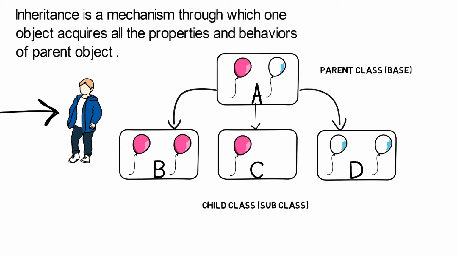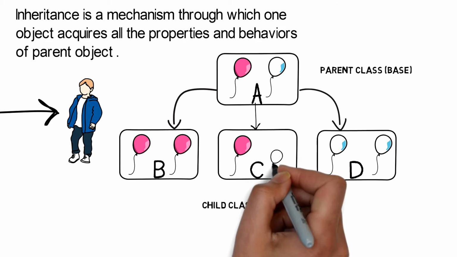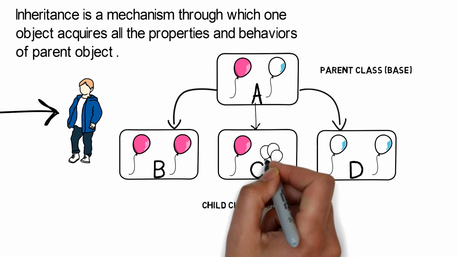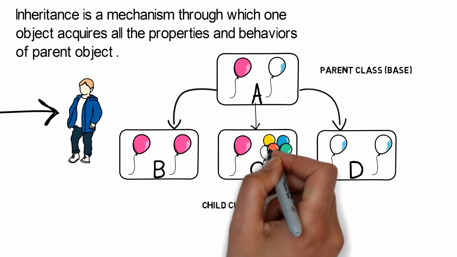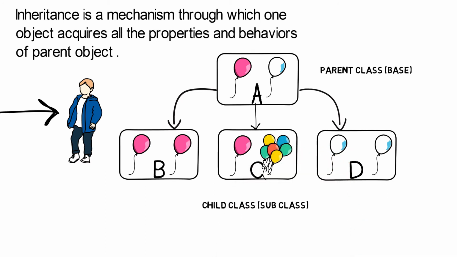One point worth noting is that whatever properties the parent class has can be easily acquired by the child class object, but the child class can also have its own properties and features. Like class C can acquire the property of the parent to produce pink color balloons, and it can even have other properties to produce different types or different colors of balloons.